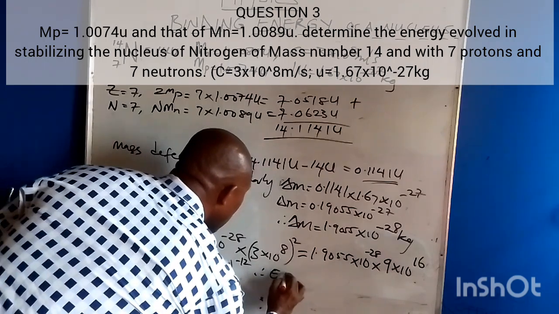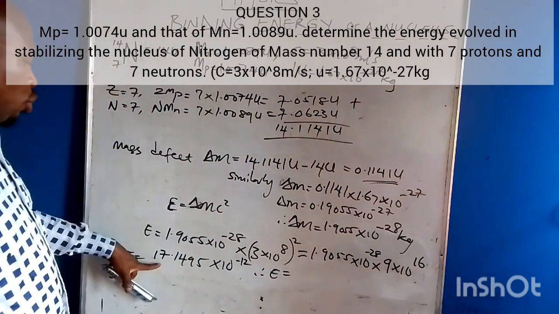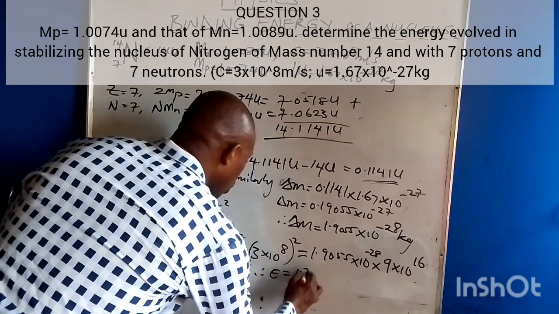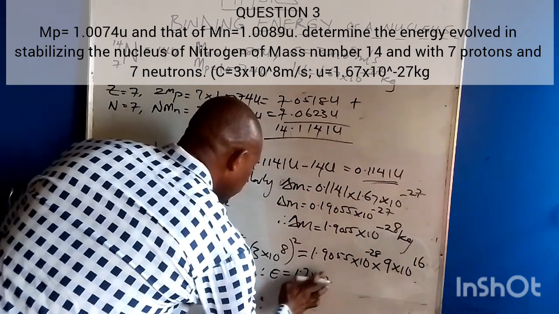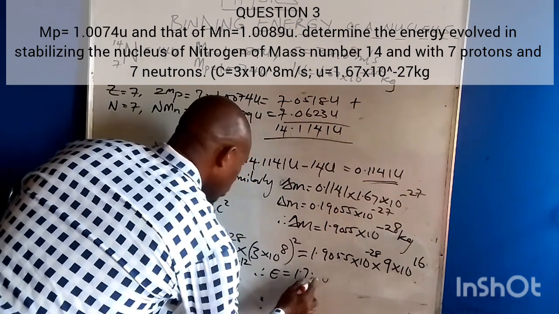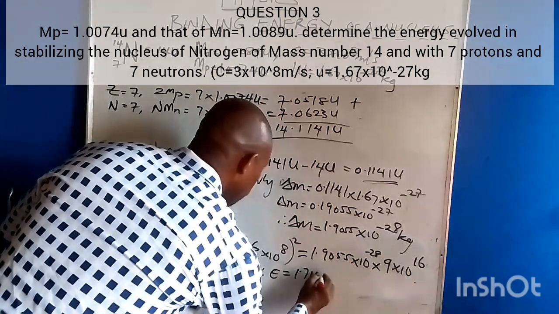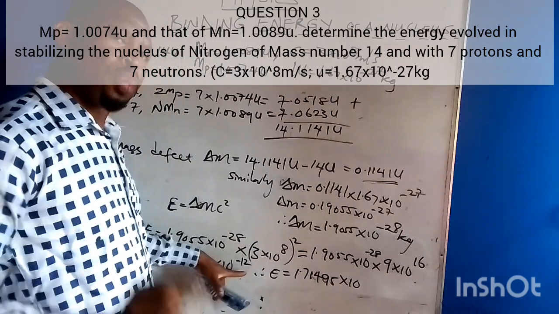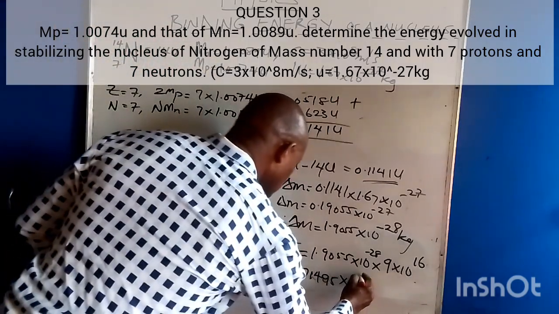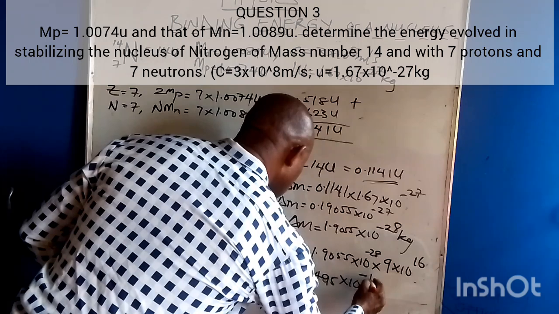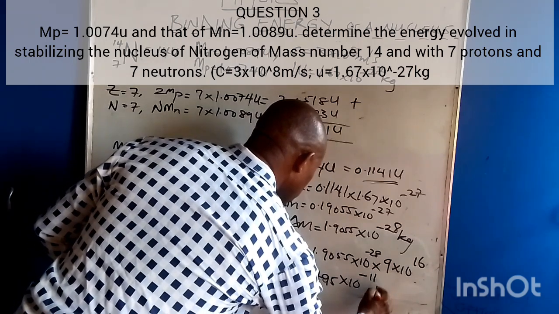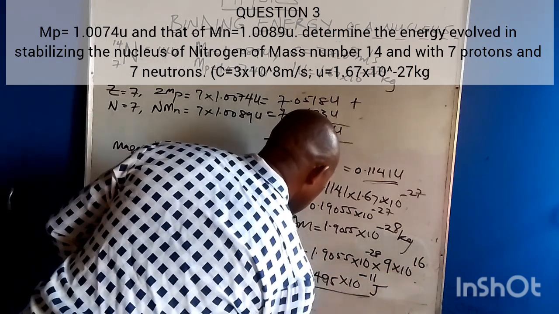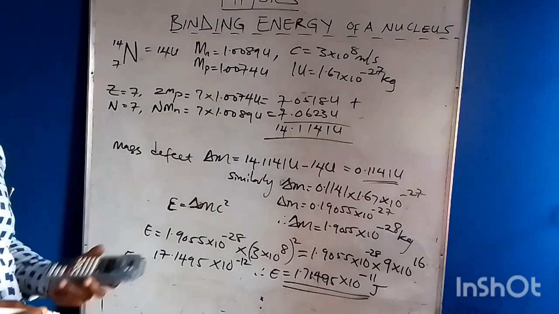Therefore, we can now conclude that the binding energy, if we put this in standard form, is 1.71495 times 10 raised to the power minus 11 joules. So this is our answer in joules.